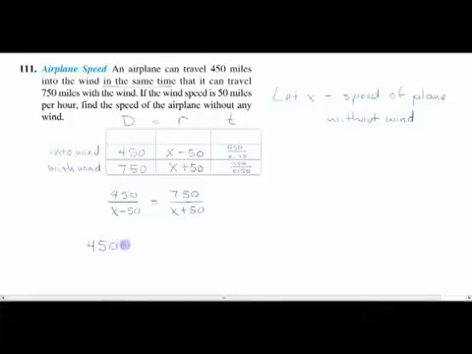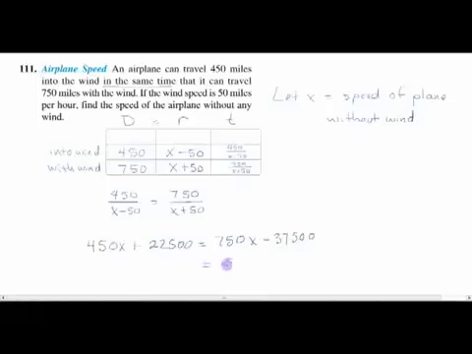450x plus 22,500 equals 750x minus 37,500. Now I'm going to get my x's on the same side, and any terms that don't have a variable on the other.